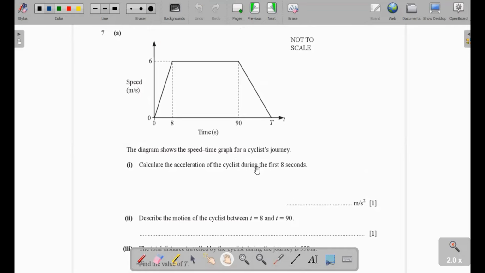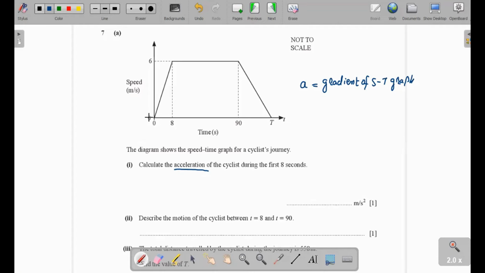Calculate the acceleration of the cyclist during the first 8 seconds. We have to find the acceleration. This is the speed-time graph. In a speed-time graph, acceleration is the gradient of the graph.